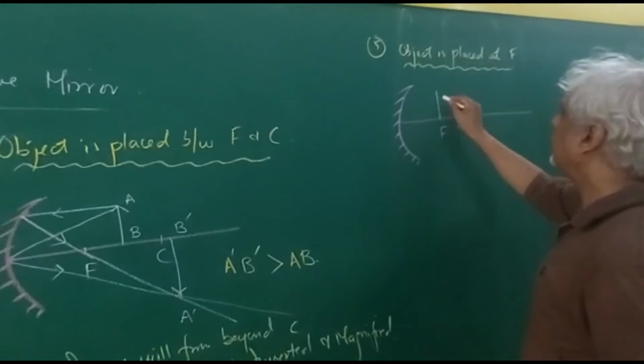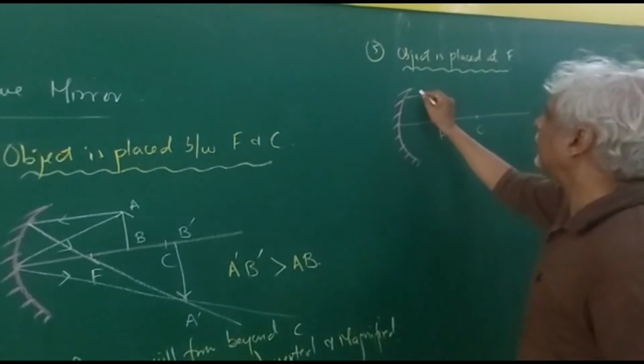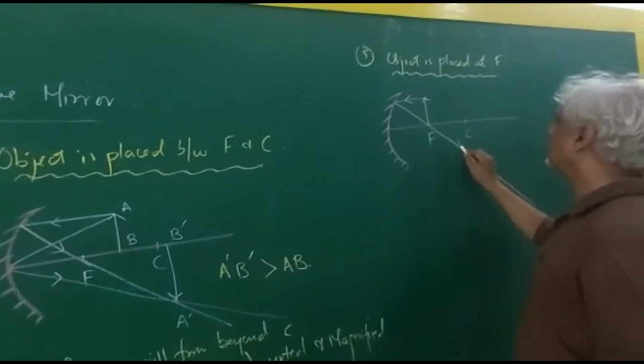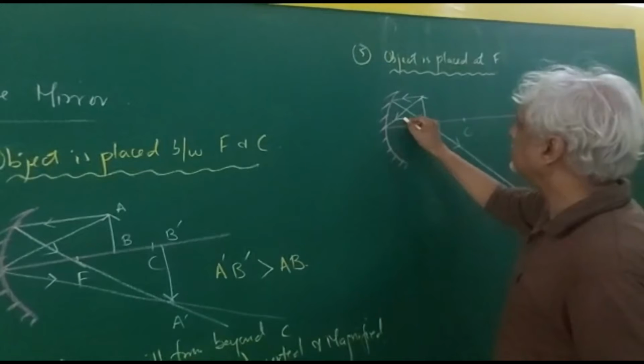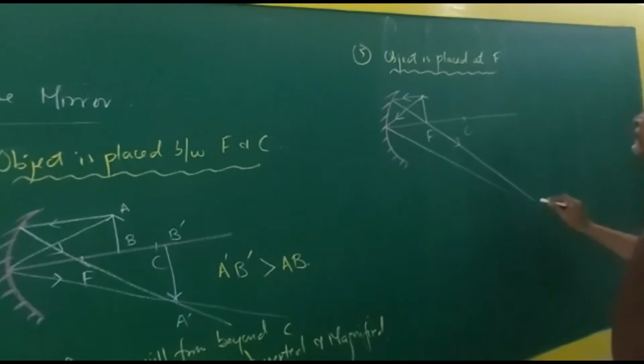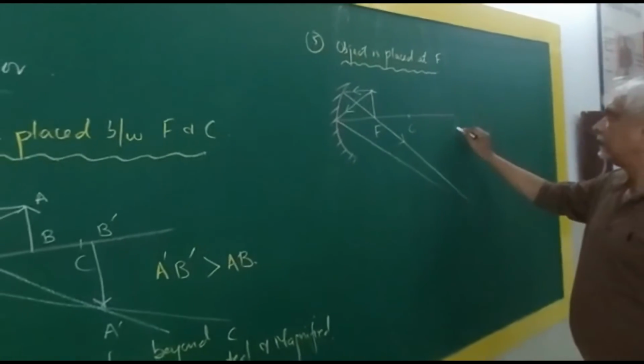Now when it is placed here at F, the first ray of light will strike this and pass through the principal focus. The second ray of light will strike this and pass again.